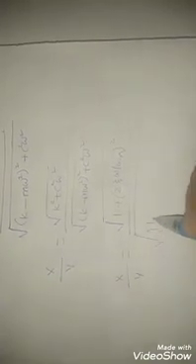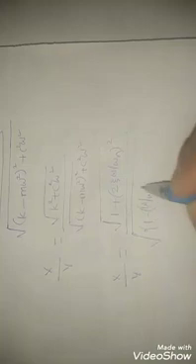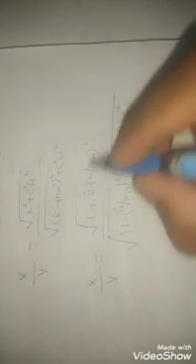So whenever I divide numerator and denominator by k, I'll be getting the equation as root of 1 plus (2 zeta omega by omega n) whole square divided by root of (1 minus (omega by omega n) whole square) whole square plus (2 zeta omega by omega n) whole square. This one we have already discussed in the forced vibration derivation.